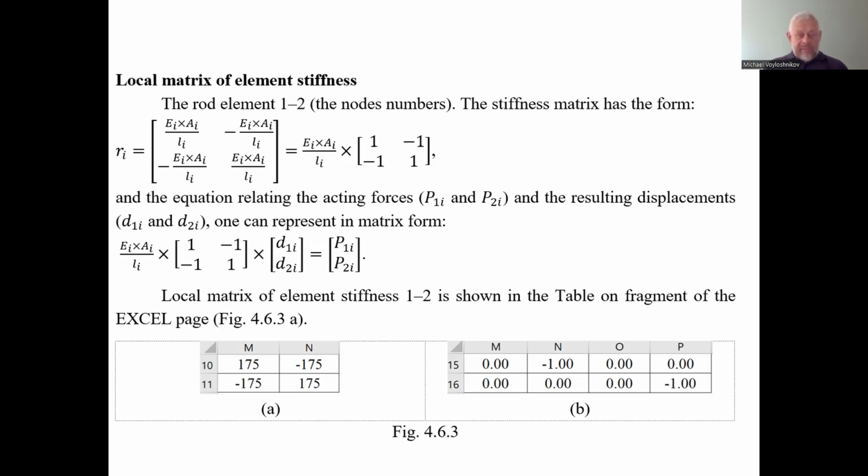If we would consider the frame, but in our case, we consider the truss, that is, the rods of the truss connected by the hinges. Hinges do not transmit the bending mode, so we have only the forces transmitted by the hinged connections of the mechanical system.